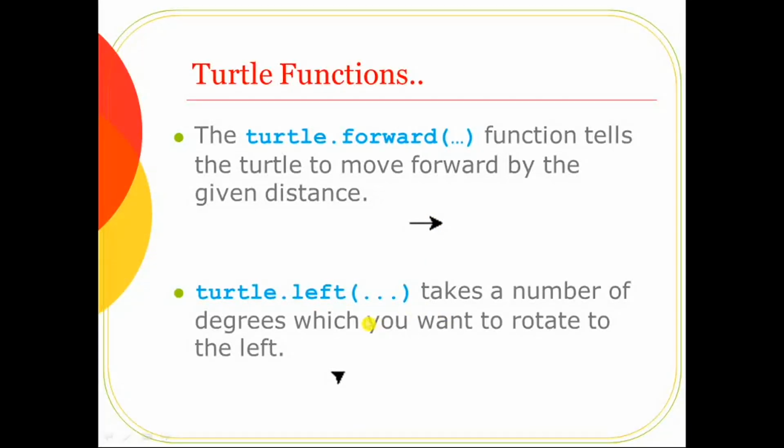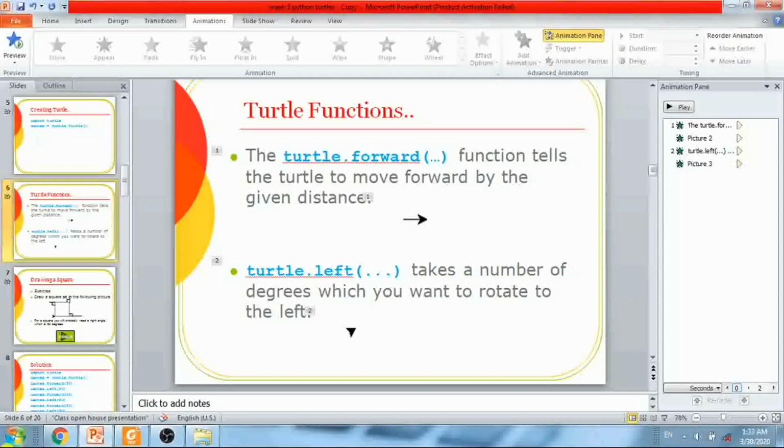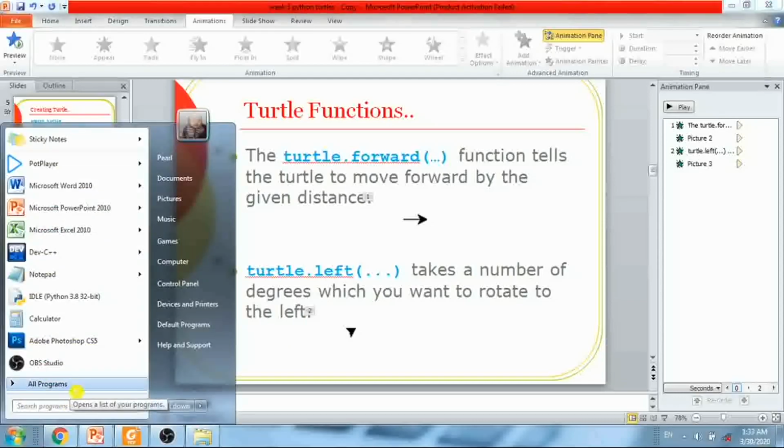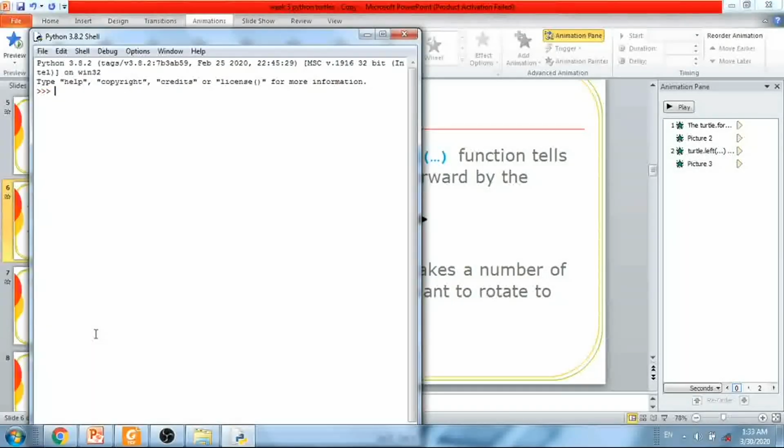The turtle left function will make your turtle turn to the left. Inside the parentheses, you write how many degrees you want to turn to the left. Now let me show them in a program, Python.